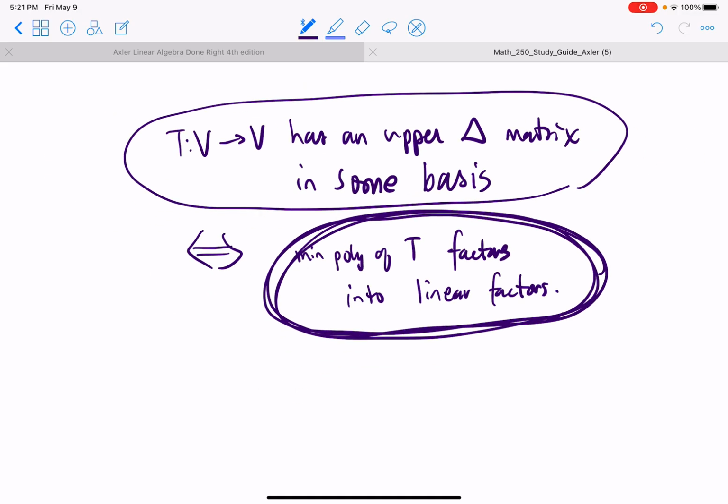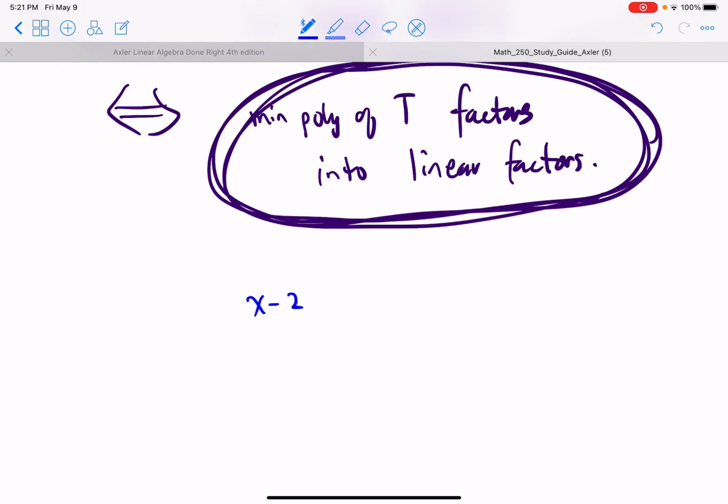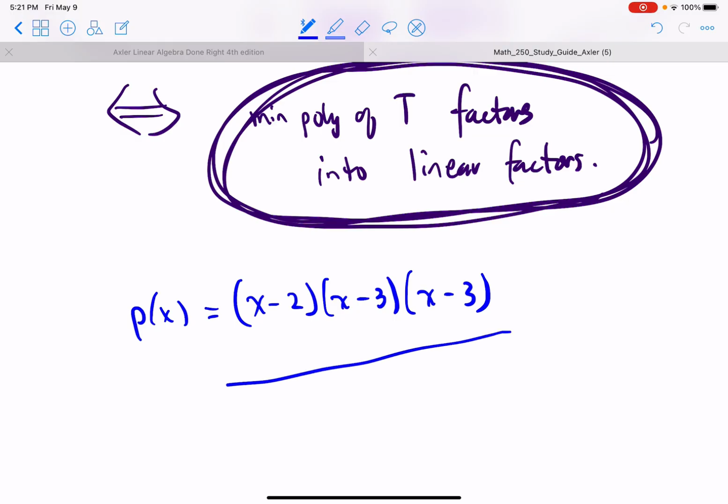And I want to give you a heads up on a future result. So like (x minus 2)(x minus 3)(x minus 3), if that was the minimal polynomial of some operator T, then you get an upper triangular matrix for sure. But here's the thing: you would not get a diagonalizable matrix because of these repeated factors.